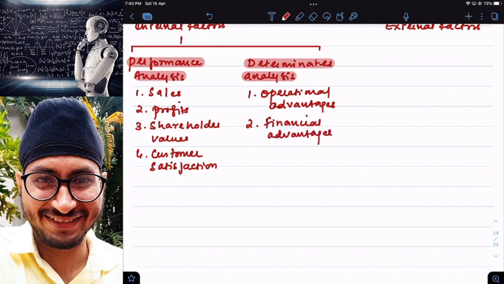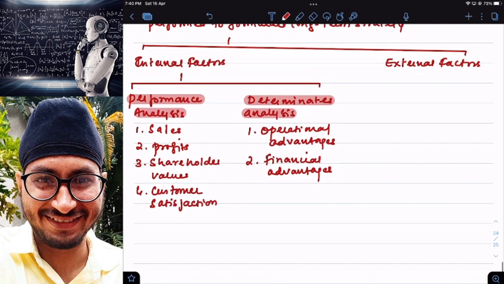Like, I am able to earn more profits than my competitors; that is financial advantage. I am able to manufacture more goods than my competitors; that is operational advantage. Clear? These are internal factors.